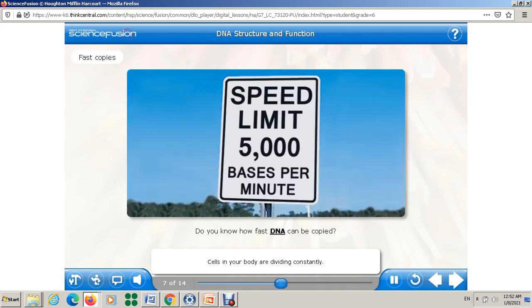Cells in your body are dividing constantly. Every time a cell divides, its DNA must be copied. The process of copying DNA is very fast. Human DNA gets copied at a rate of several thousand bases per minute.